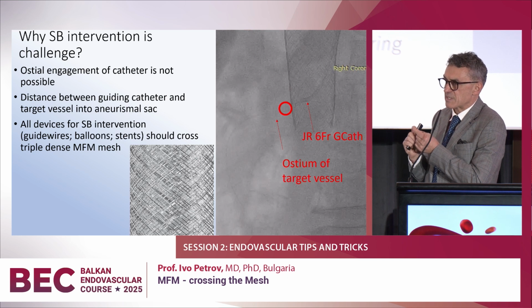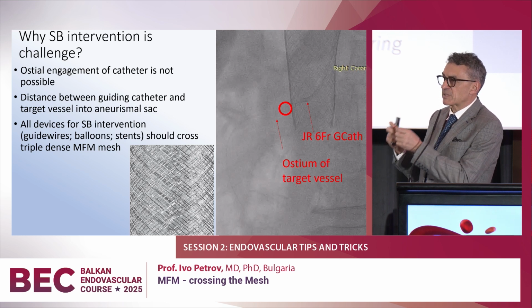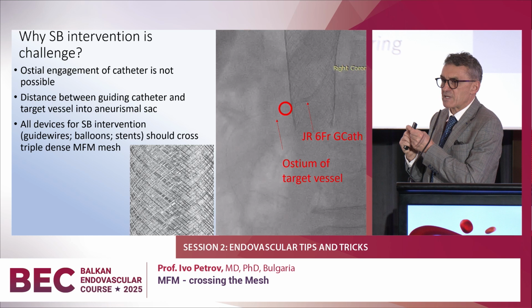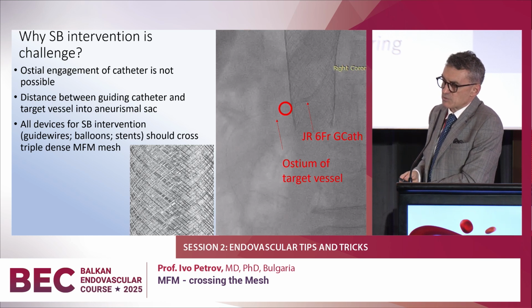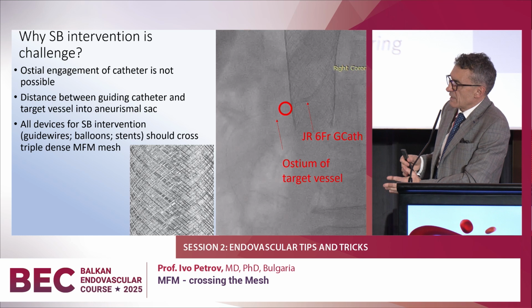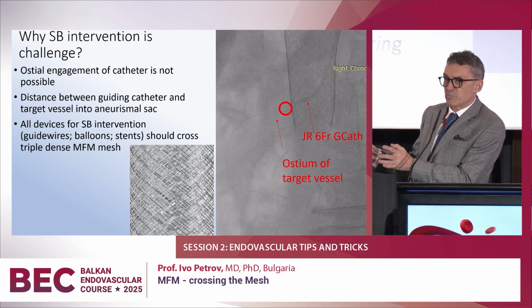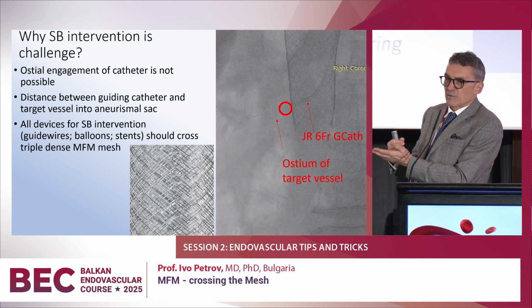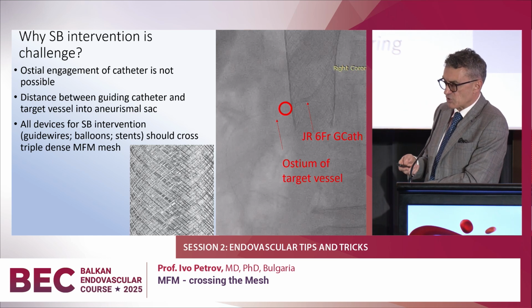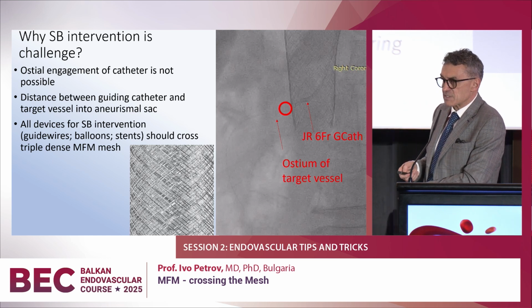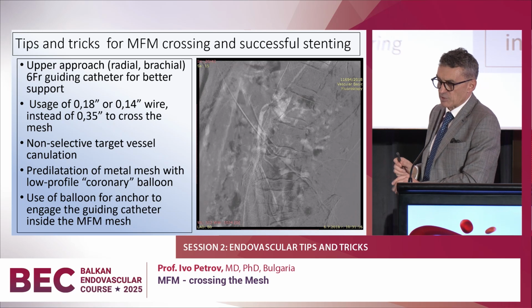There are multiple struts, but the pores are very small. Because of that, in the majority of the cases, we have to treat the side branch pathology from a distance, because it's very difficult to engage the catheter unless you do several tips and tricks.